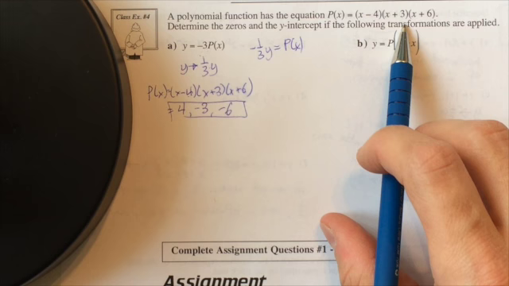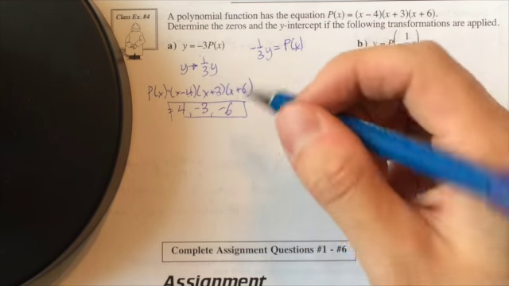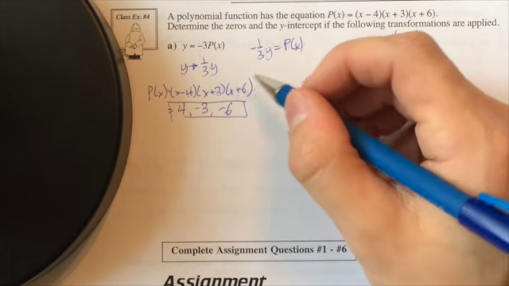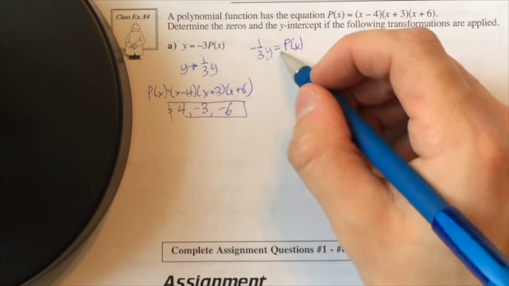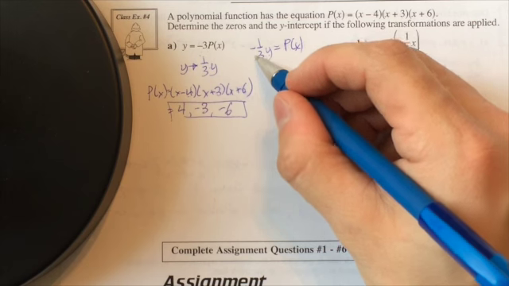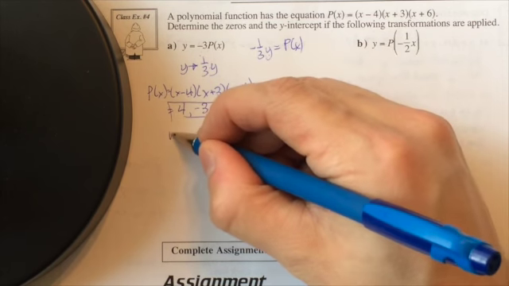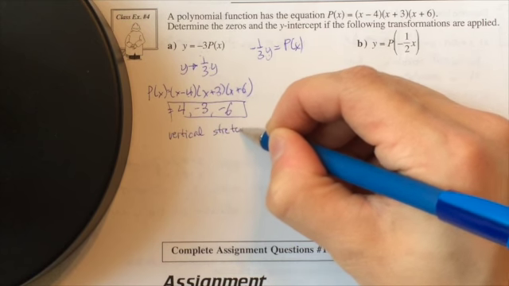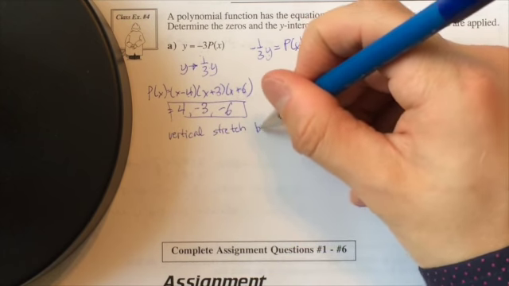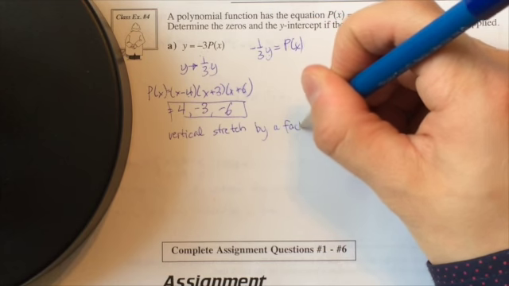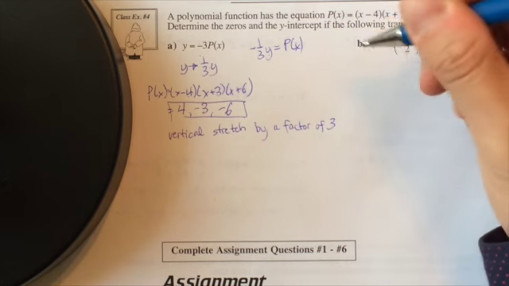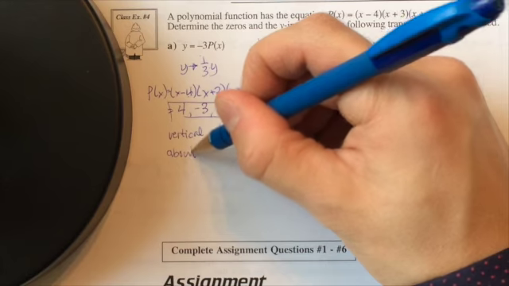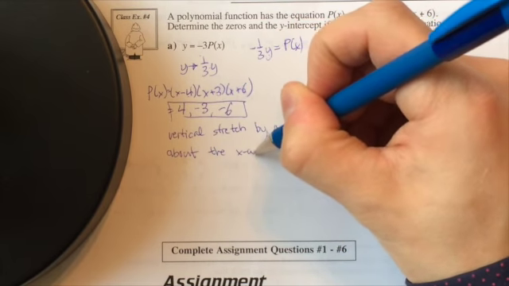And so in order to find that y-intercept, I'm going to have to actually apply this transformation. So my y is going to be mapped to -1/3 y, which means that's going to be a vertical stretch by a factor of 3, and that's going to be about the x-axis.